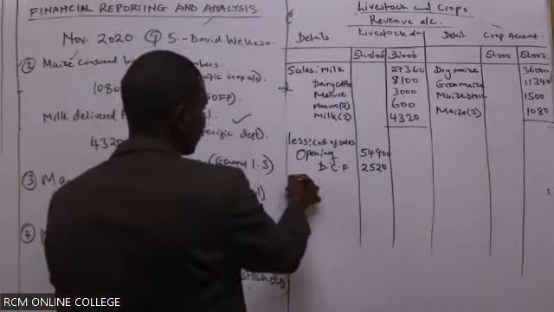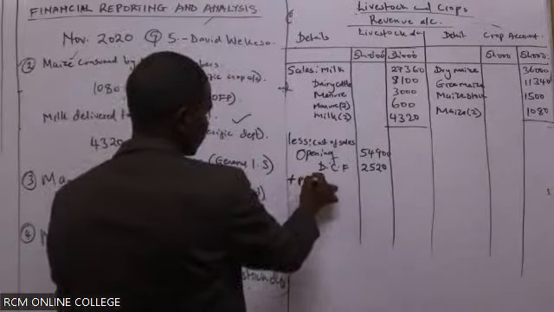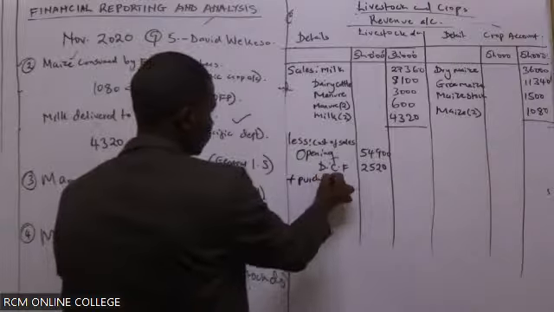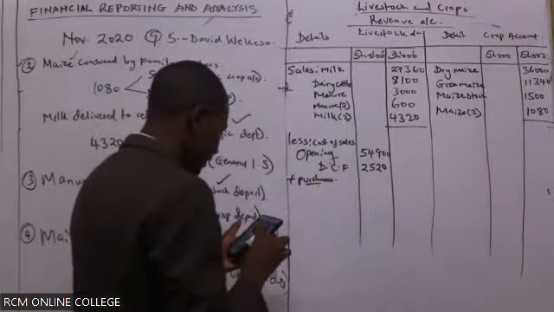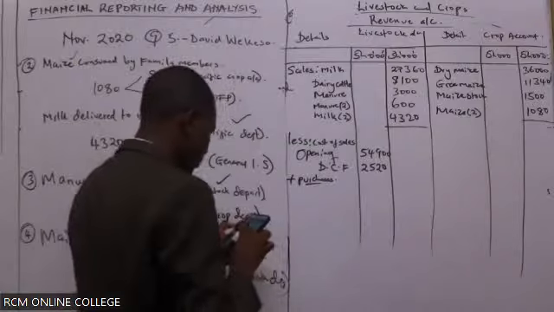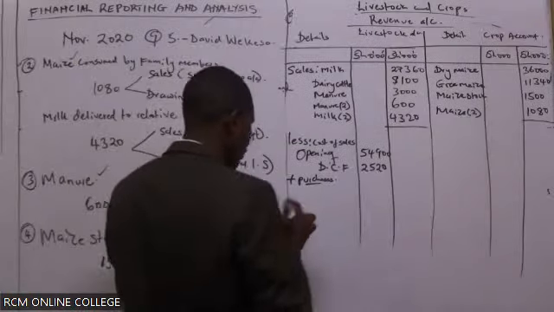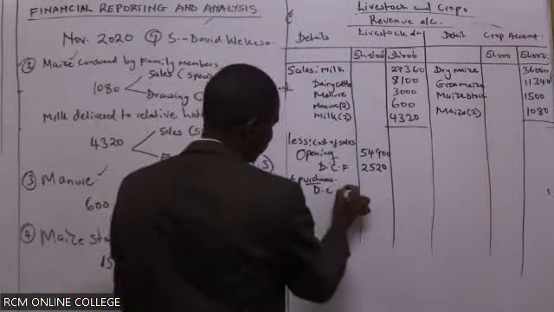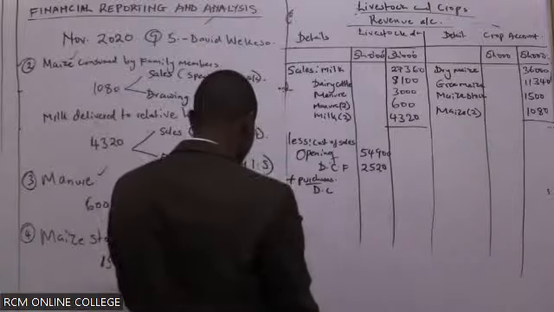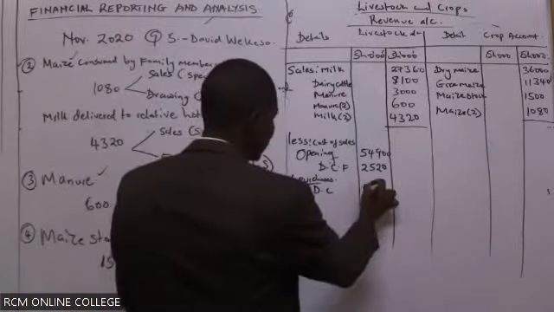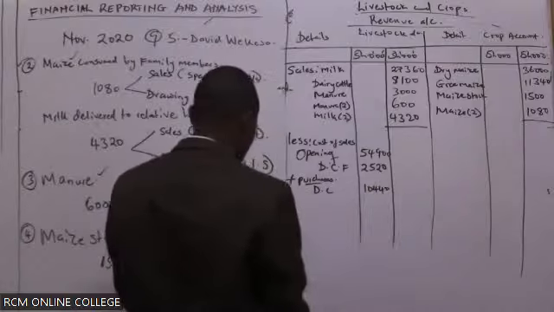We go to add purchases. So tunaangalia kwa trial balance the purchases: dairy cattle, and then fertilizer for Napier grass. Dairy cattle nikiangalia ni how much? 10,040.